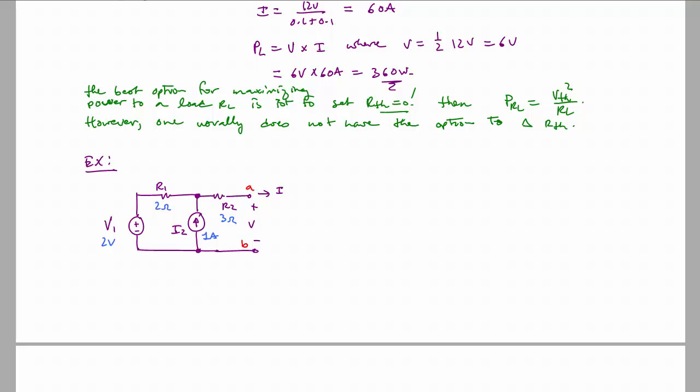Now I want to augment this a little bit by saying we have this resistor, R3, and the question might be, find R3 that maximizes the power delivered to it. Okay, and then what is that maximum power?